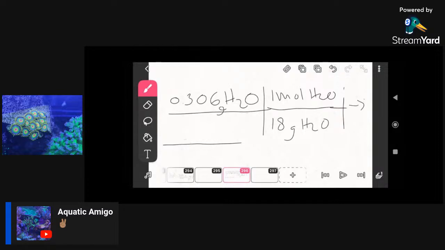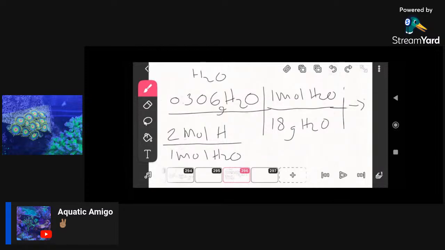And then 1 mole of water has 2 moles of hydrogen. How do I know? Because if you look at H2O, see how this 2 is a ratio of 2 to 1? That's how I got that.